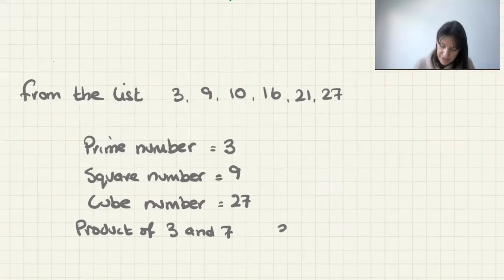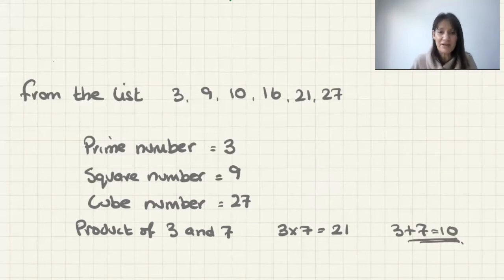So 3 times 7 is equal to 21. If you did 3 plus 7 is 10 and wrote 10, then you did the sum of 3 and 7. And it's very likely that they would give both options because they really want to test if you understand what that means, and it's not a lucky guess.